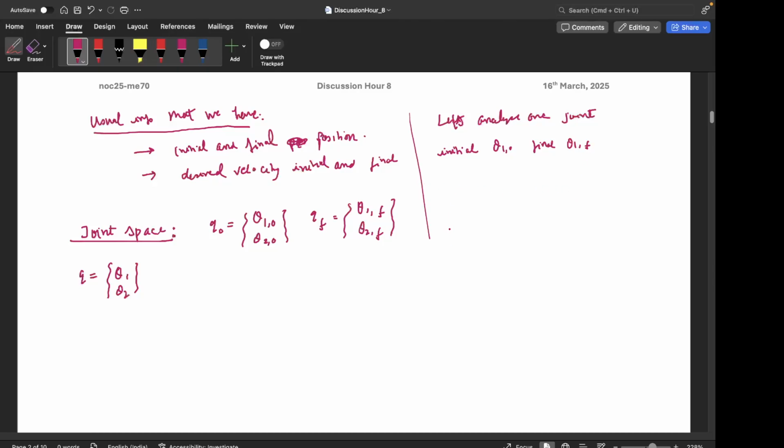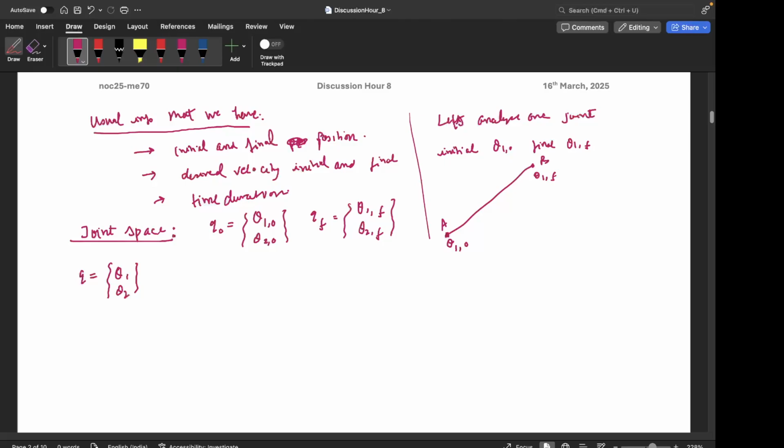Now, a very simple approach could be that we can do linear interpolation. This is theta 1 0, this is theta 1 F, so this is the starting point and this is the ending point. What we also have is very important information, the time duration.